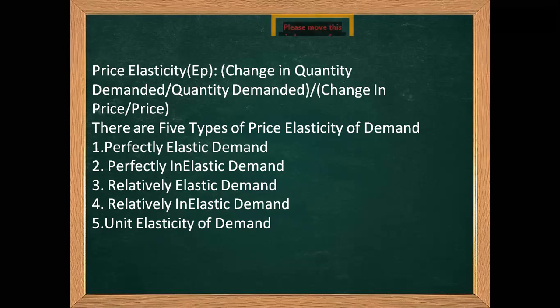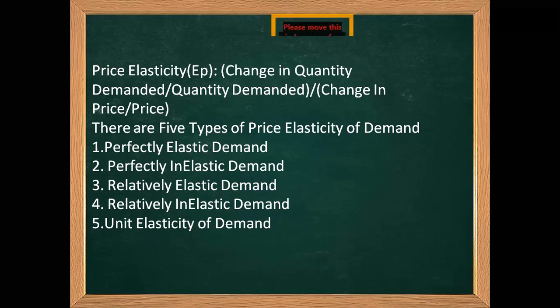So we have different types of price elasticity. There are five types of price elasticity of demand: perfectly elastic demand, perfectly inelastic demand, relatively elastic demand, relatively inelastic demand, and finally unit elasticity of demand.